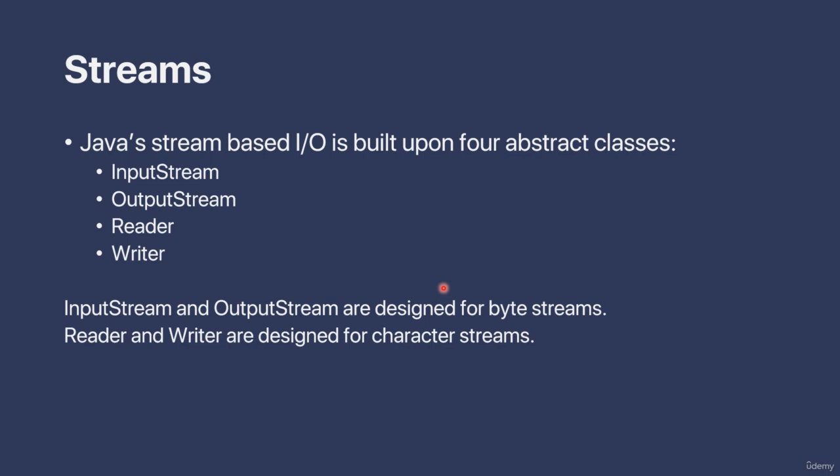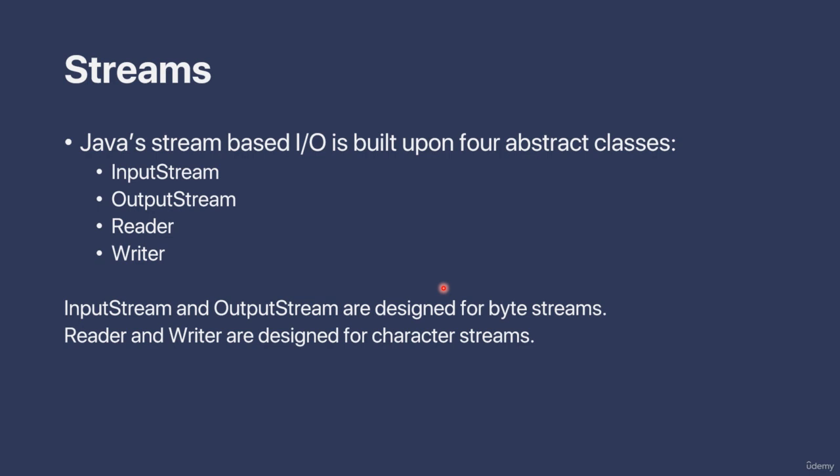When to use input, when to use output, when to use reader and writer. They are used to create several concrete stream subclasses. Although your program performs its I/O operations through concrete subclasses, the top-level classes define the basic functionality common to all stream classes.